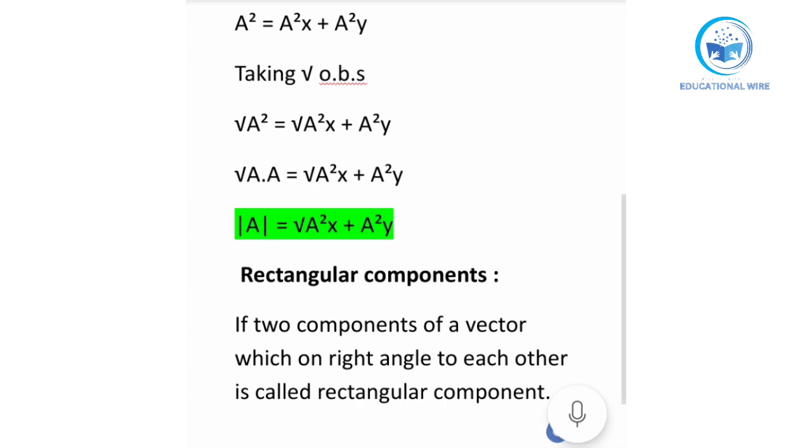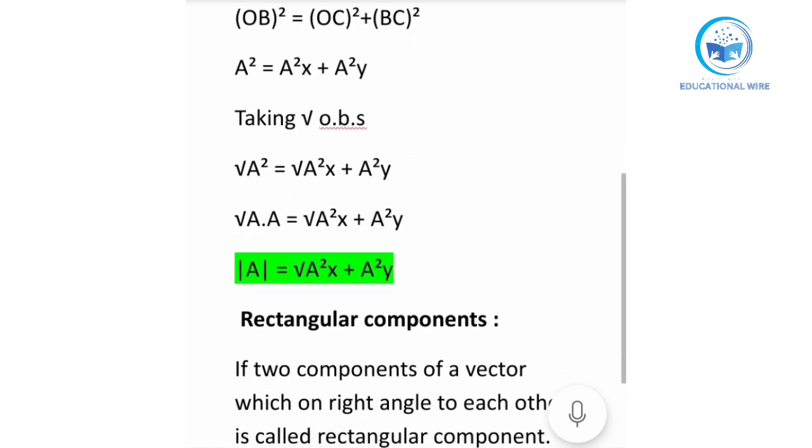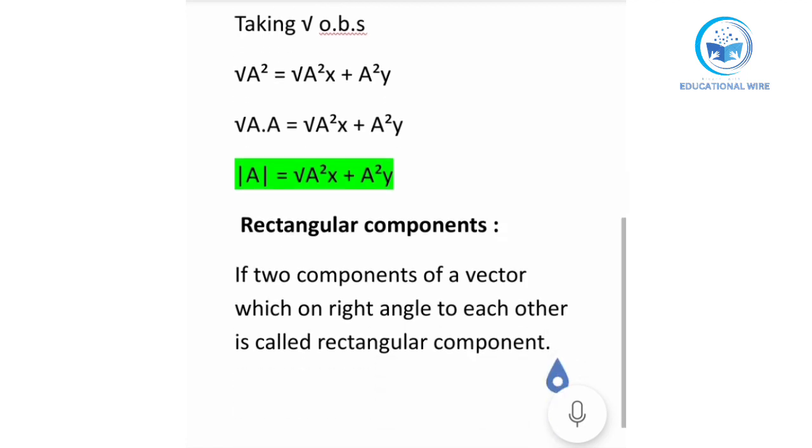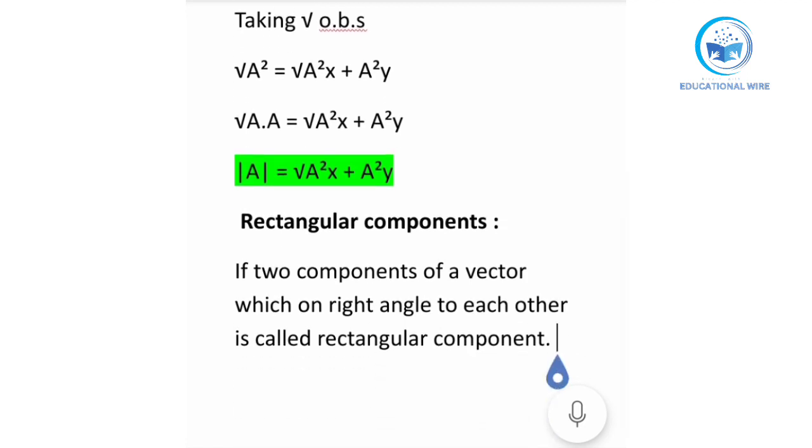After that the question arises: how do we know what this angle is equal to? We don't know what the angle is equal to. As I told you, the perpendicular and base both make a right angle to the hypotenuse. We know that perpendicular upon base is equal to tan theta, as we already know.